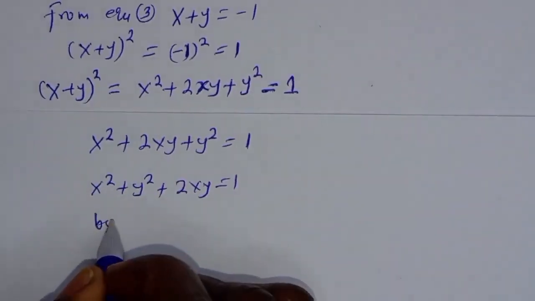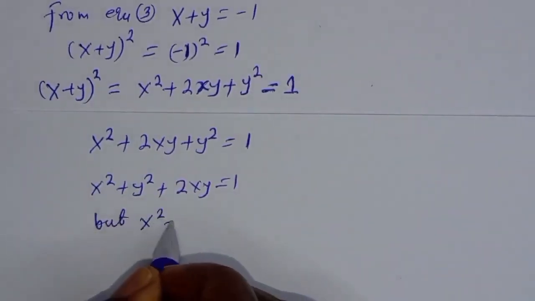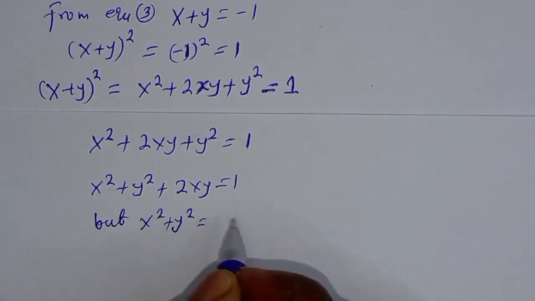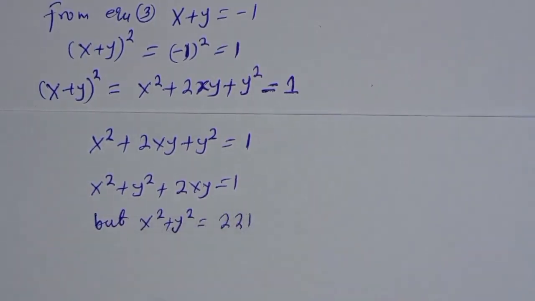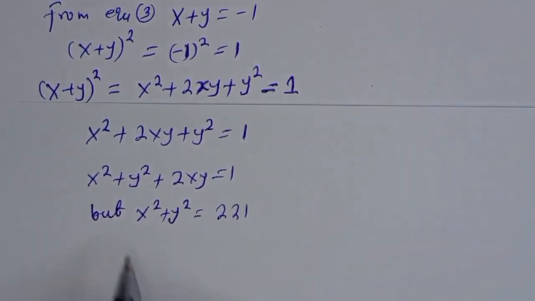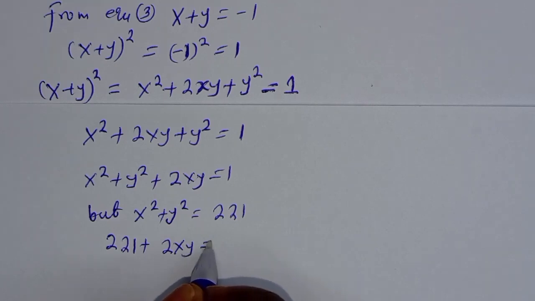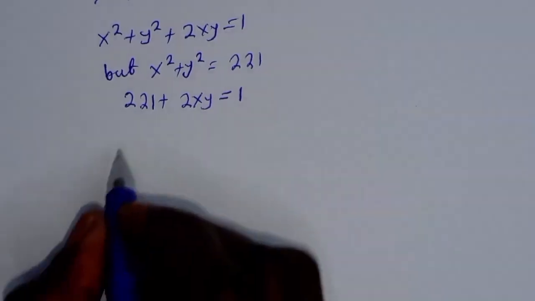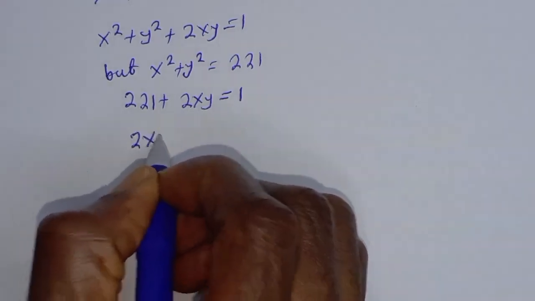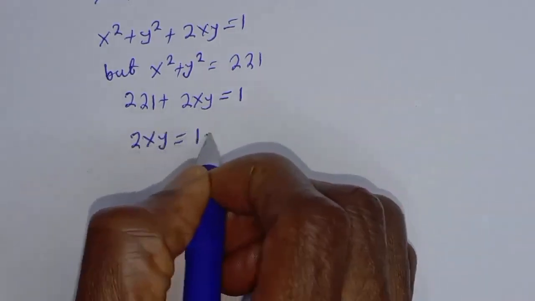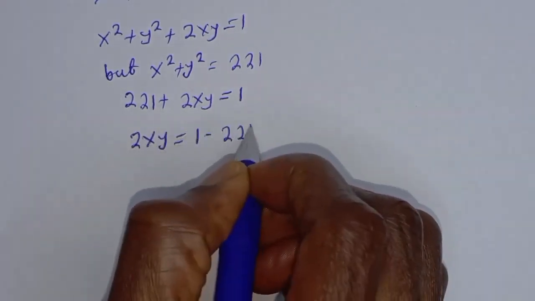But x squared plus y squared is equal to 221 from equation 4. Then we have 221 plus 2xy is equal to 1. 2xy is equal to 1 minus 221.